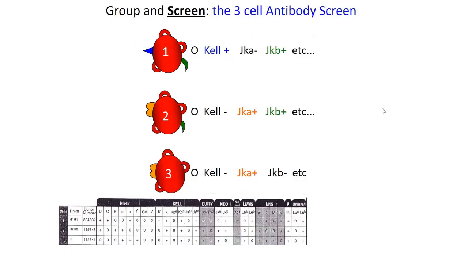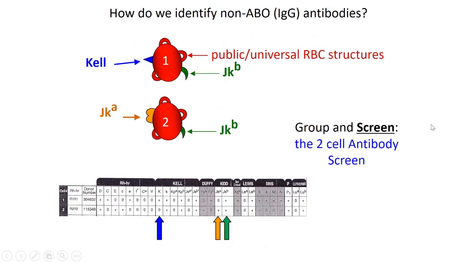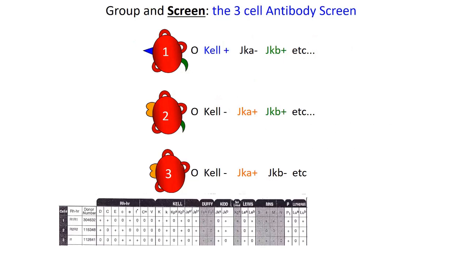In the 3-cell screen, you get a little bit more information. The 2-cell screen is usually an R1R1 versus an R2R2 cell, and the 3-cell screen has at its 3rd cell typically a little r.